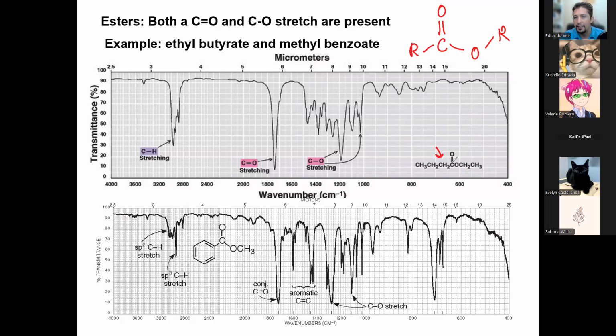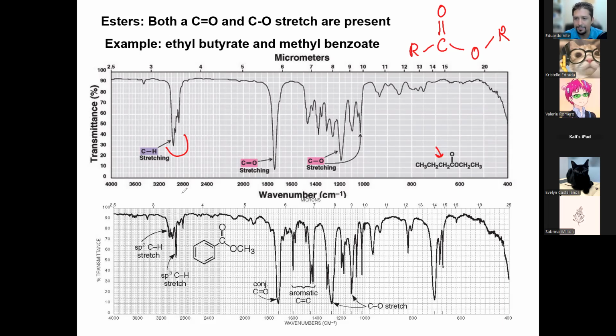So let's see. Again, let's start with the highest wave numbers. What's this over here? At 3000, what are those? What are those peaks at 3000?